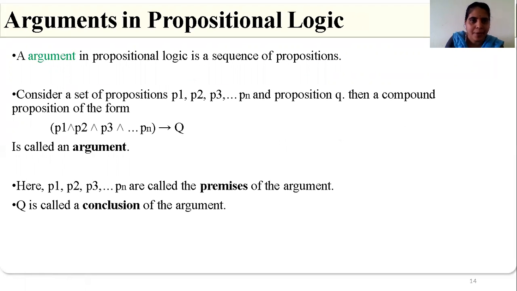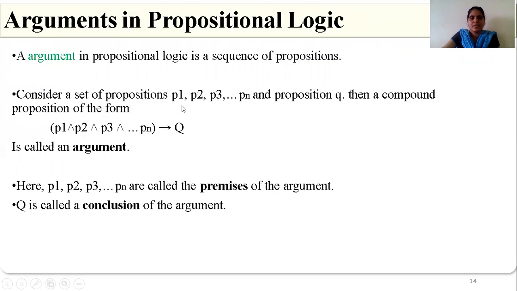Next, we have arguments in propositional logic. What is an argument? A propositional argument in propositional logic is a sequence of propositions. Till now we have seen simple propositions and compound propositions. Now if we have a sequence of propositions, that is called an argument.